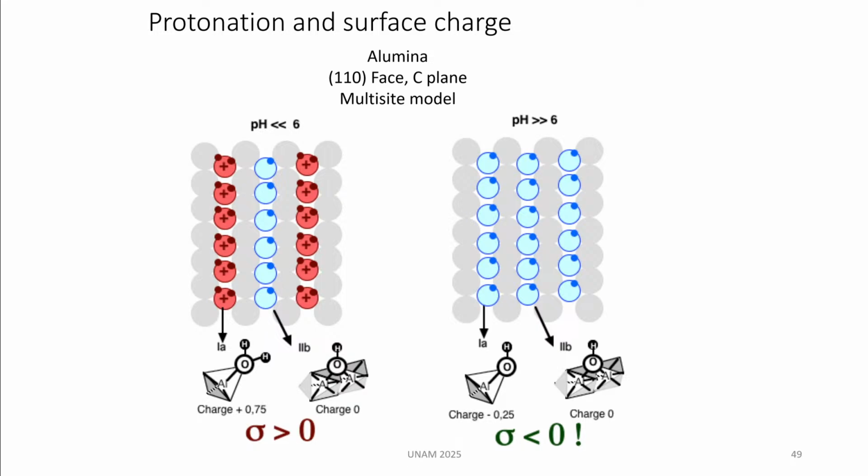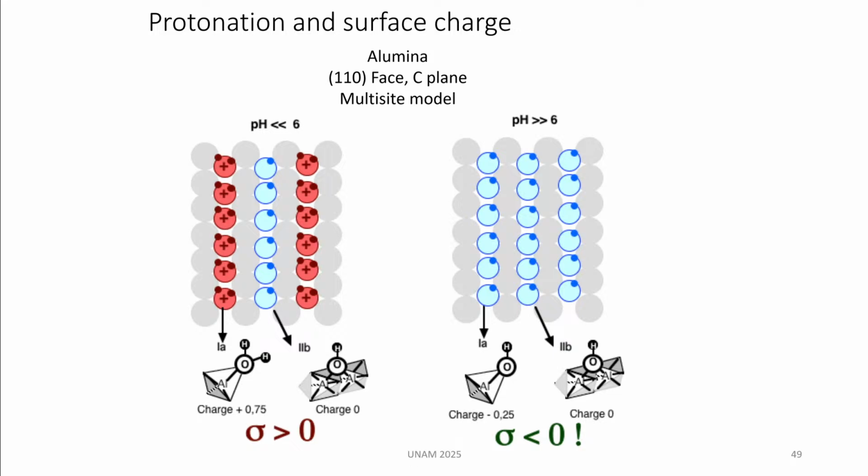These will be almost neutral. We are too far from the pKa for this particular type of surface groups. Globally, this particular type of phase will bear a positive charge.